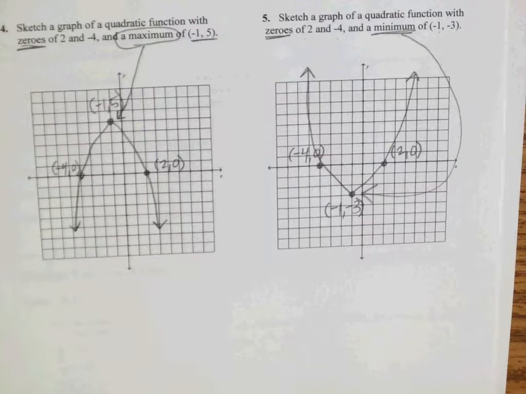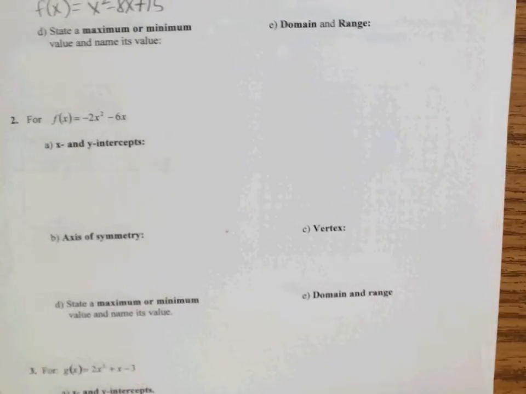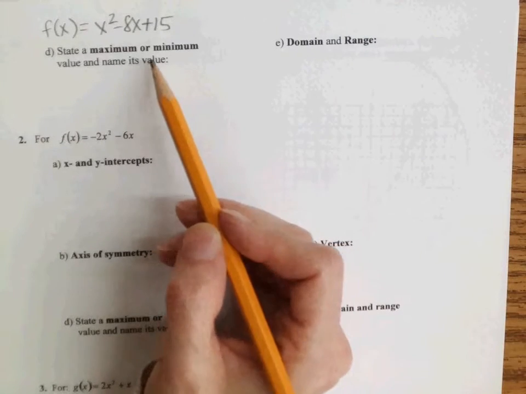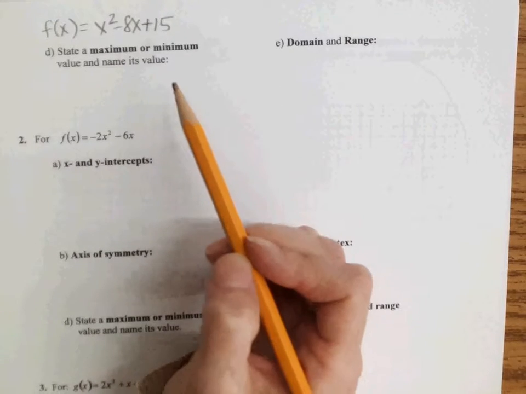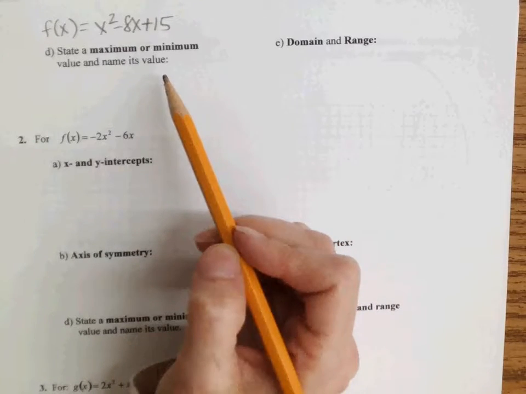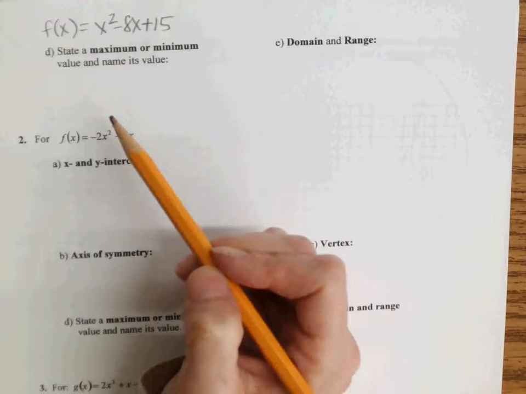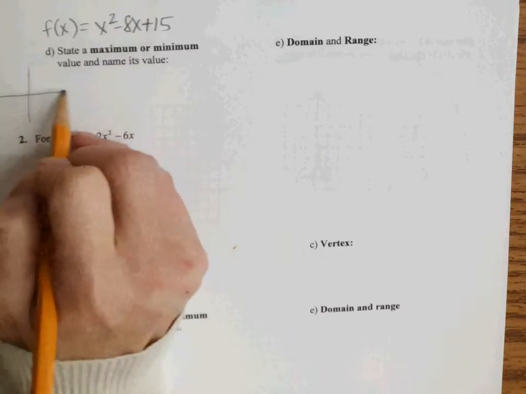So coming back to that second page where I stopped, we're going to state whether it has a minimum or a maximum, and state the value. As of right now, with not graphing, we have to sketch this graph like we just did for problems 4 and 5. So I'm going to sketch in my coordinate plane.